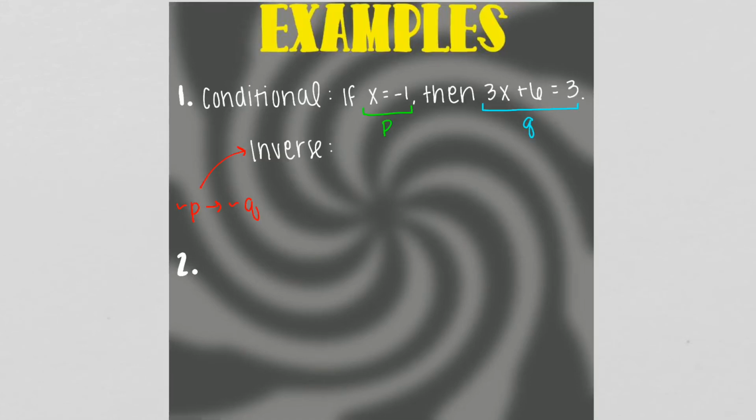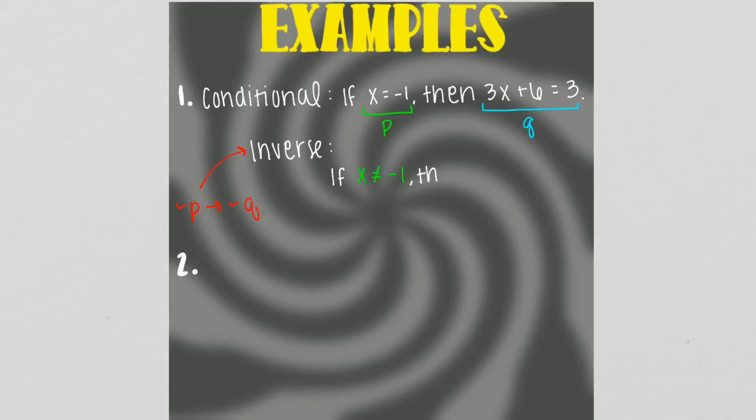Now we're going to get into writing our inverse. And remember, that inverse is not P, arrow, not Q. So it still starts off with if. But now we don't just put x equals -1. We change it, and it becomes x does not equal -1.